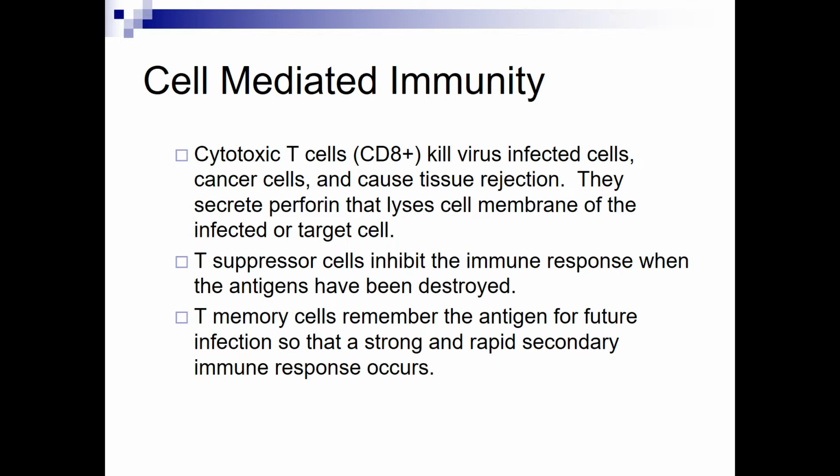Typically in an autoimmune disease, we see these T suppressor cells not functioning properly. Once we've mounted a defense against a particular infection, it's as if our body is looking for something else to kill. And so it just starts attacking our body cells that have an antigen structure that is similar to the antigen that we just killed off.